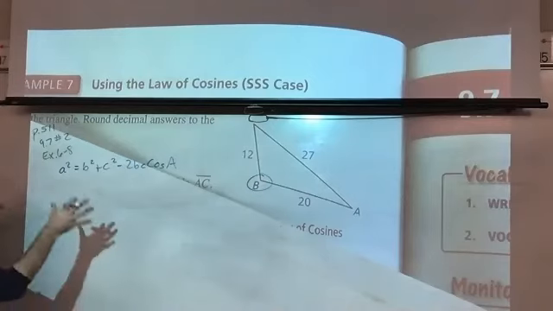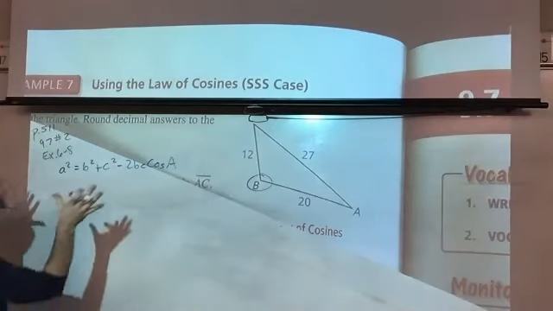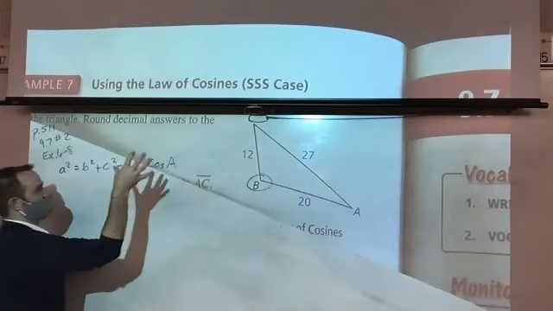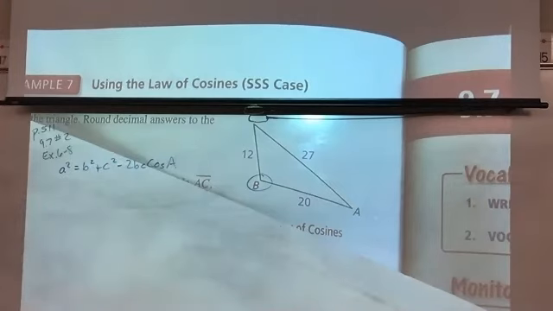So I want you to put in all the information that you know, knowing that we're solving for angle B. The letters don't match up, but we're solving for angle B. Just plug stuff in where it should go into this equation, and then we'll talk about whether you put the stuff in the right spot.